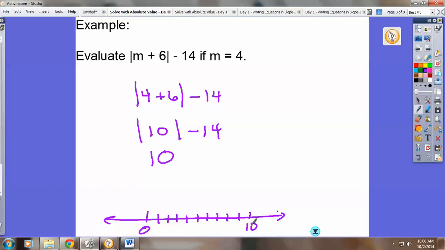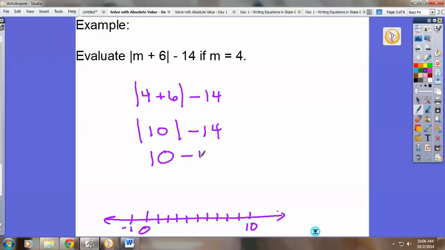Well, how many away is it? 10. What if I ask you for the absolute value of negative 1? That really means how many spaces away from 0 is negative 1? It's 1. Absolute value is always a positive number because it's measuring distance, and distance is always measured in a positive. So I took the absolute value of 10 and we got 10.